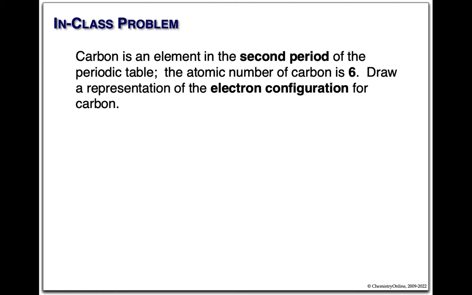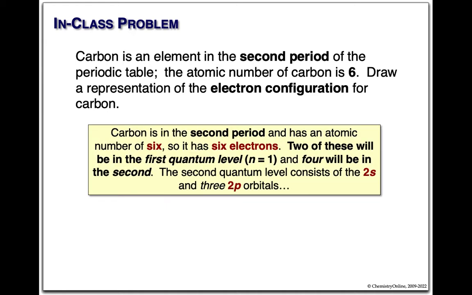Let's go ahead and do an electron configuration. Let's start here with our old friend carbon. Again, atomic number of 6, neutral carbon, 6 electrons. 2 of these are going to be at our first quantum level, n is 1.